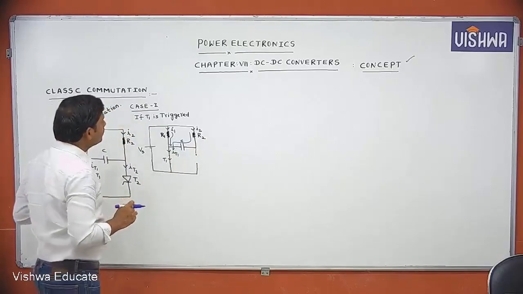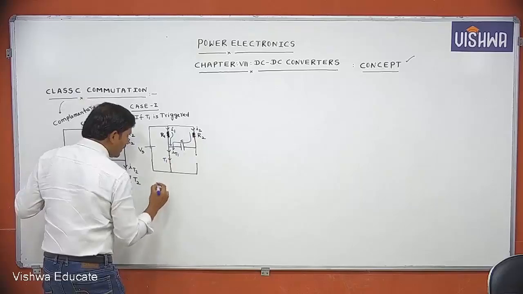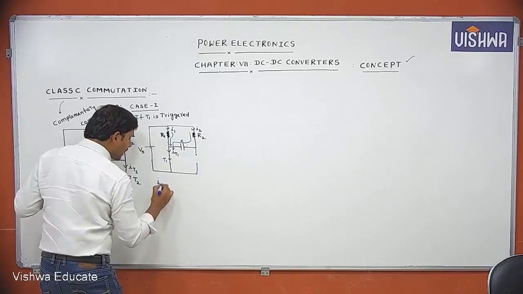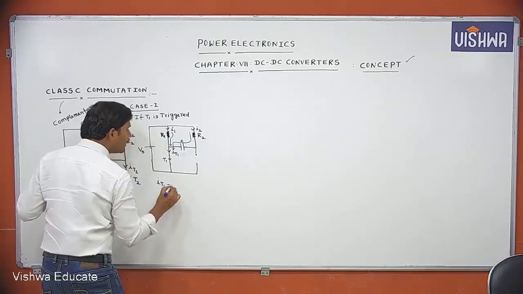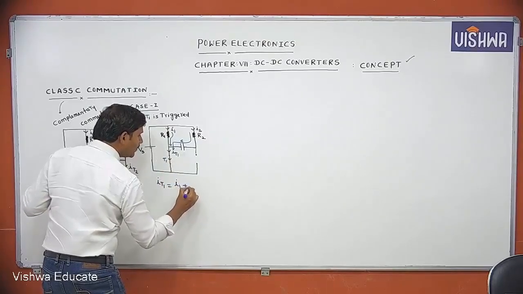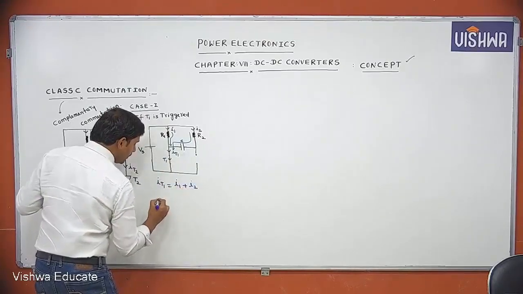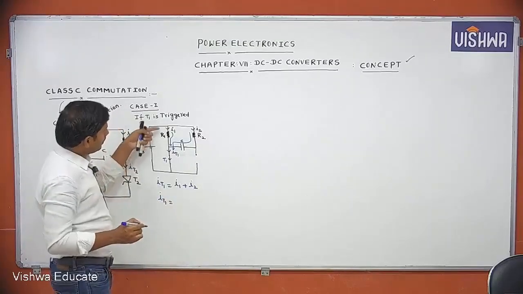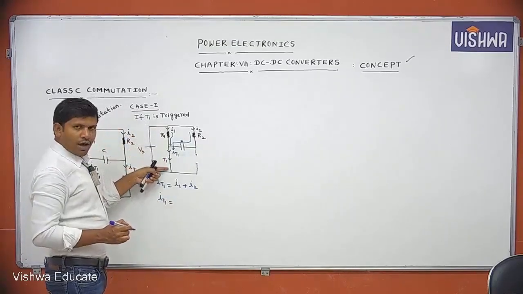Now tell, what is the current through T1? There exist two currents. IT1 equals I1 plus I2. This is the current through the R1 resistor.